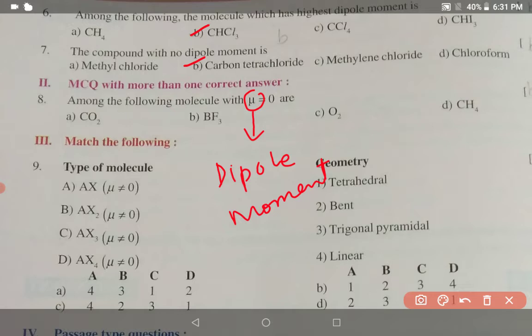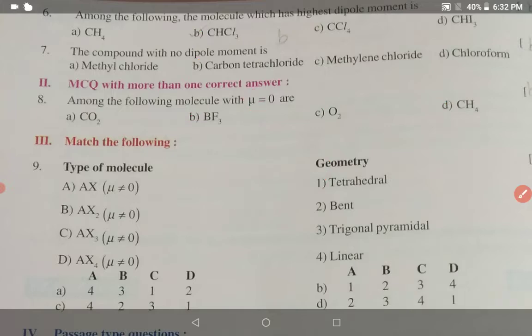As I have told, it is a multiple answer question, so many answers could be present. First is BF3. BF3 has no dipole moment. CH4 also does not have one, and even O2 does not have any dipole moment. So B, C, D are the right answers for the question.